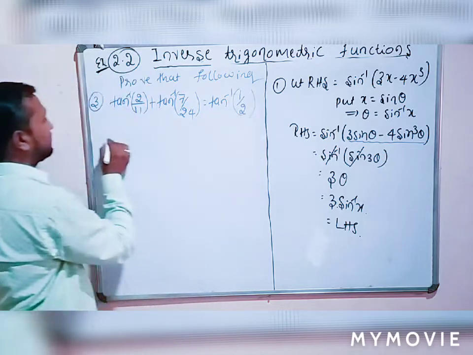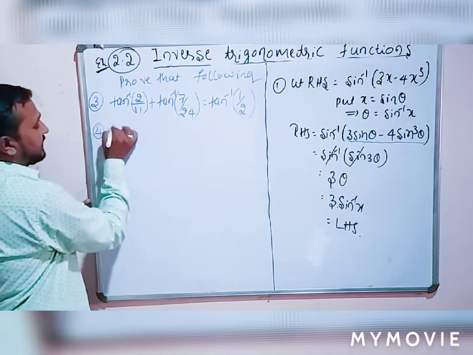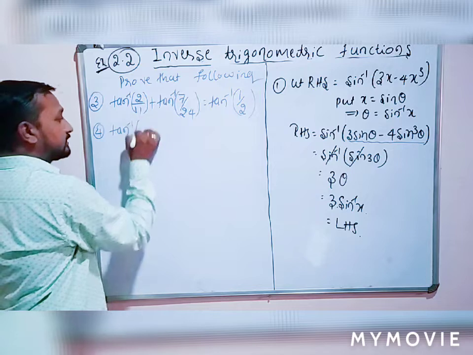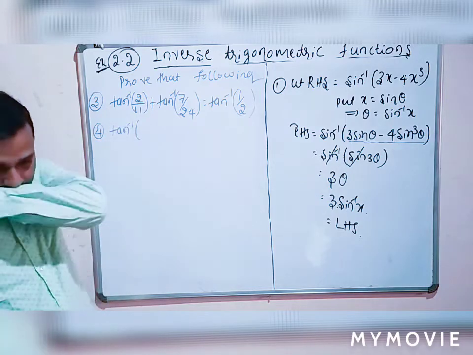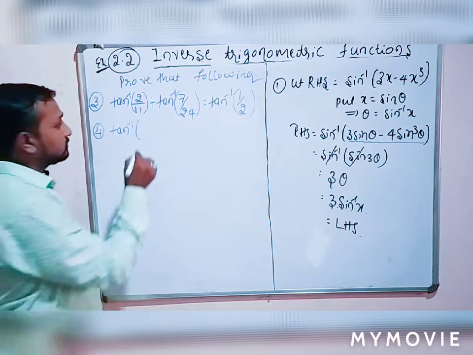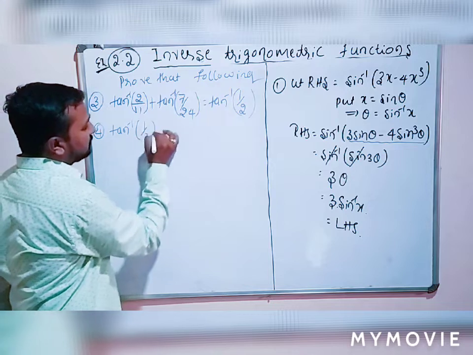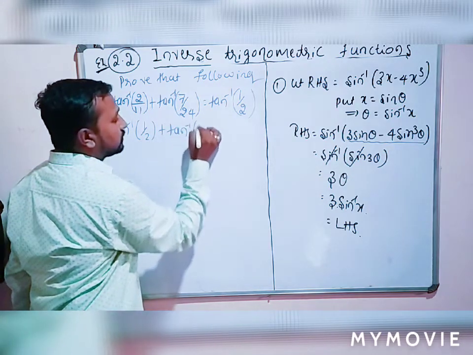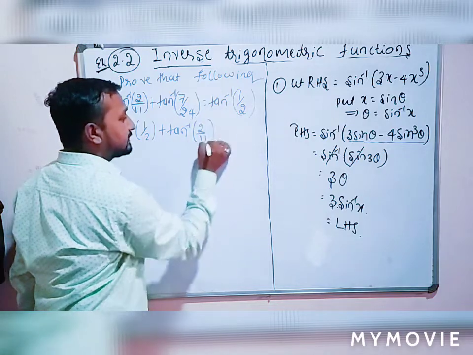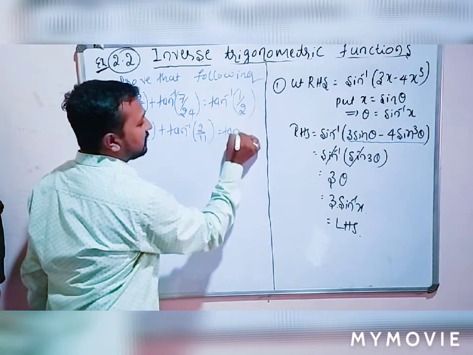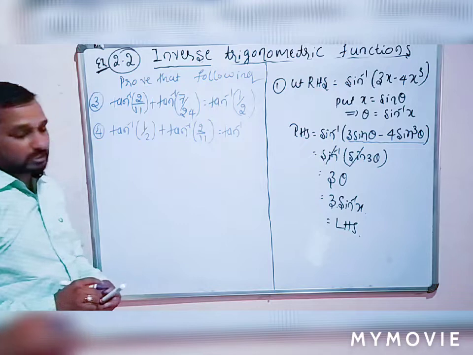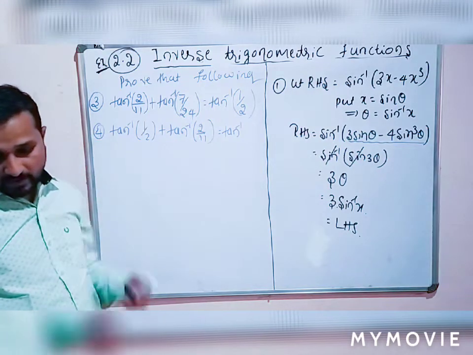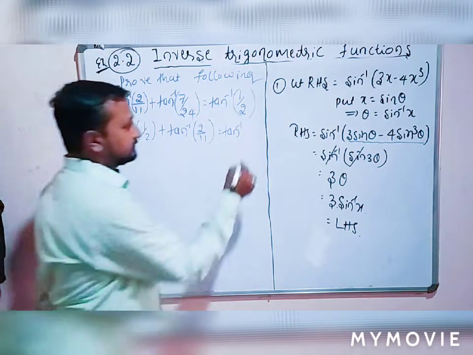This is also the same kind of example. Another example: tan inverse of 1 by 2 plus tan inverse of 2 divided by 11 is equal to tan inverse of 3 by 4.